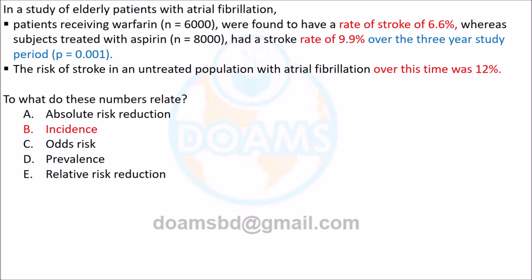New happening means incidence. But remember, in these 3 years, in any area, any country, already some patients have the stroke, isn't it? Already they are having the stroke, but new development 6.6%. So this is incidence, not prevalence. But if you ask about the total, the stroke patients usually prevailing in the country, it will be the prevalence.